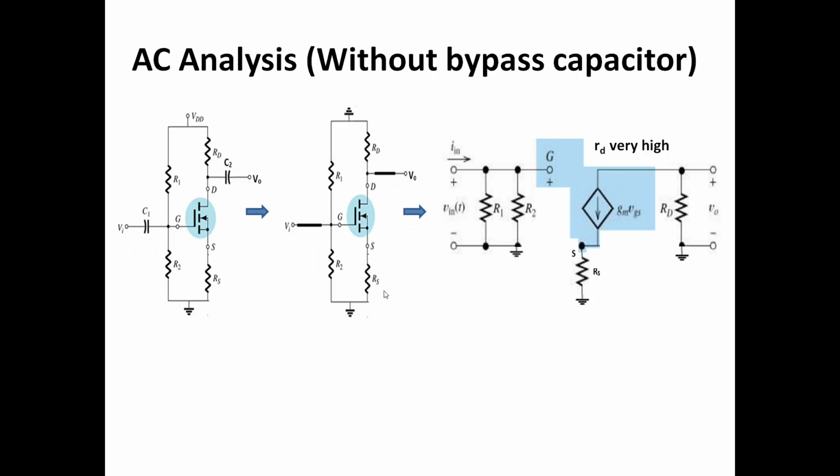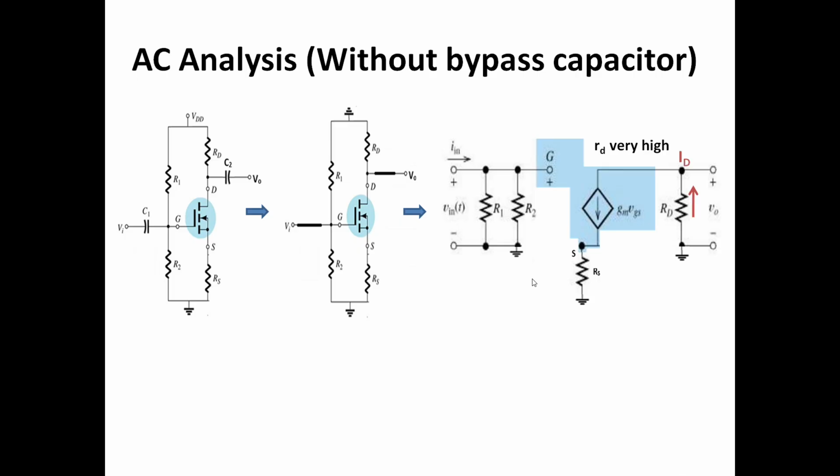Now without the bypass capacitor, this RS is connected between the source terminal and ground in the small signal equivalent circuit. And this RD is connected between the drain terminal and ground. Also, these R1 R2 are parallel to each other as we have discussed earlier, so that has been referred to here.